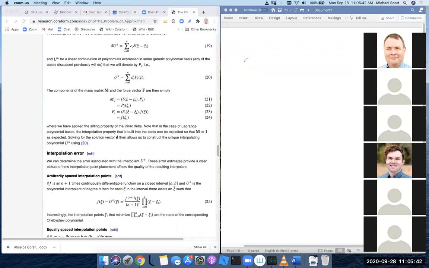Let's begin by talking about interpolating polynomials. A lot of these classical polynomial bases were developed in the context of this problem.